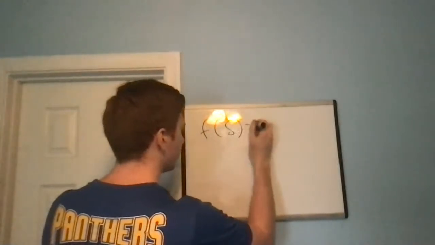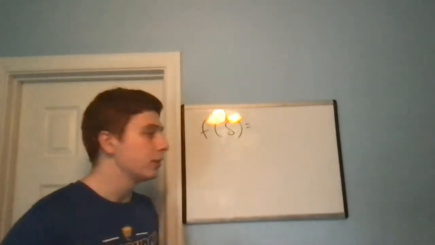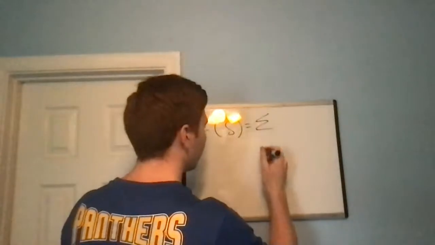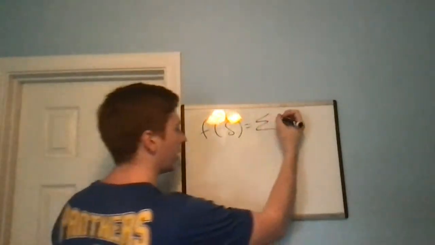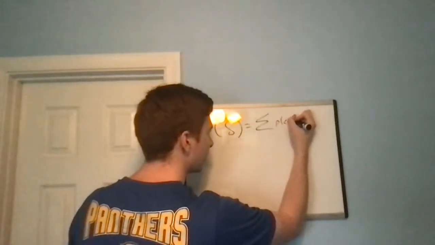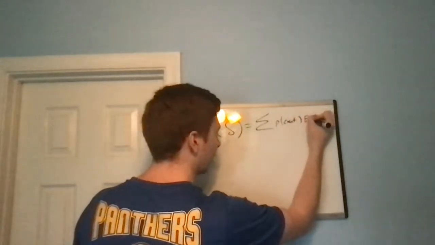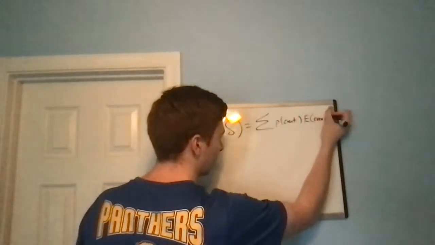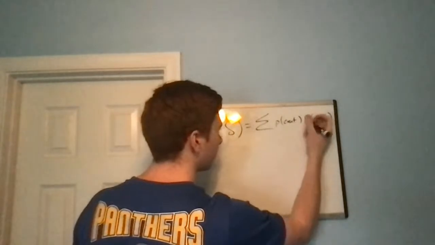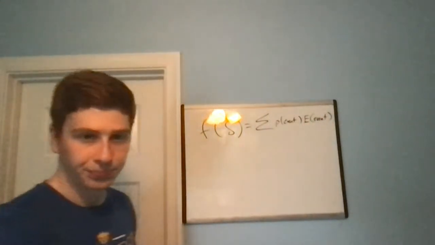We're going to write f(δ) as the sum over the probability of some event times the expected value given that event. That's the general form of this.